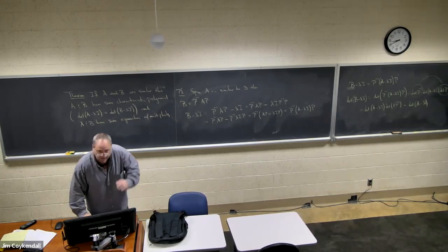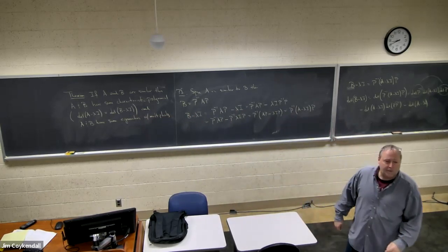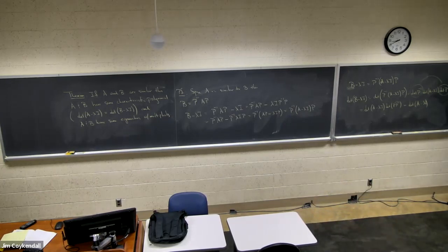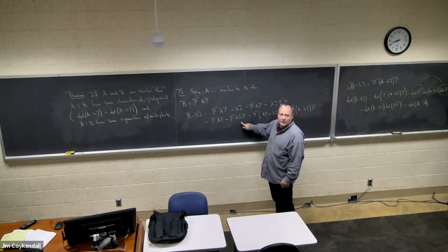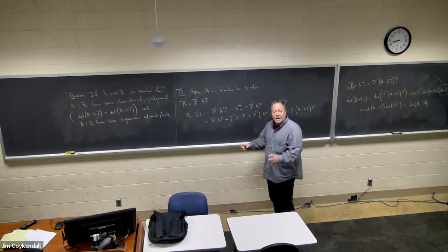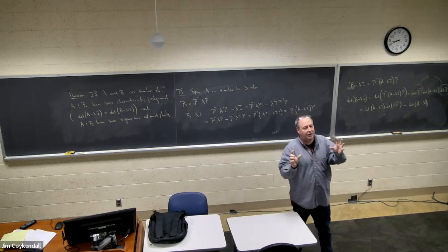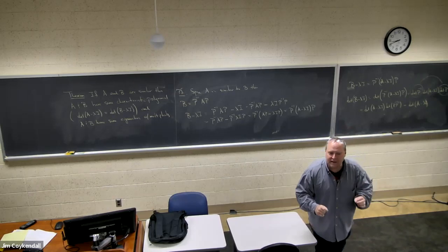Okay, any questions? Yes. On the middle blackboard, when you wrote P inverse A P, the second line, you separated P inverse from P on the second term. How were you able to do that? Because the identity commutes with everything, and so does any number. If you have two matrices A and B, it's not necessarily true that A times B and B times A are the same thing. Different order gives you different answers. But with the identity, you can do that.